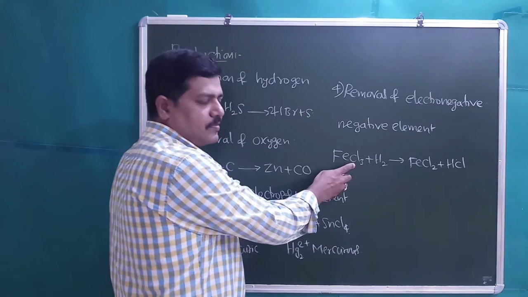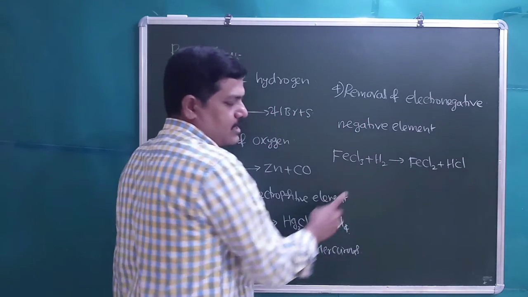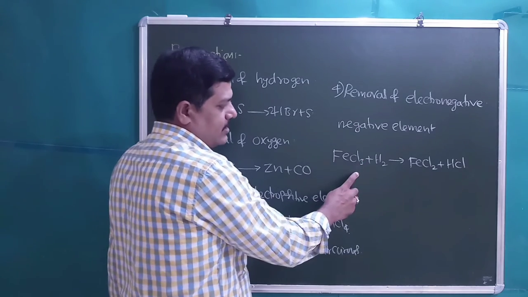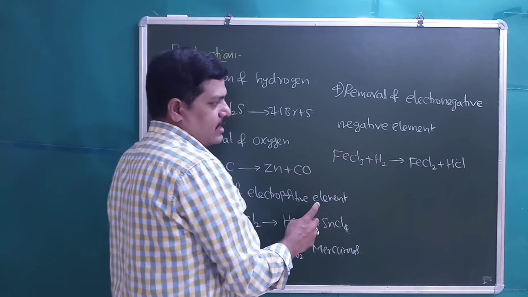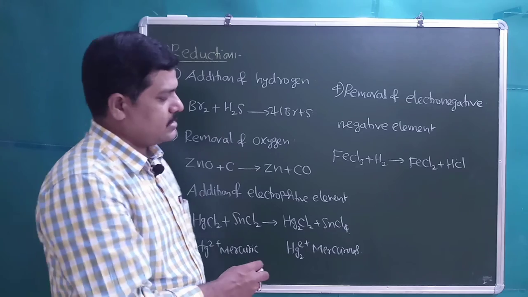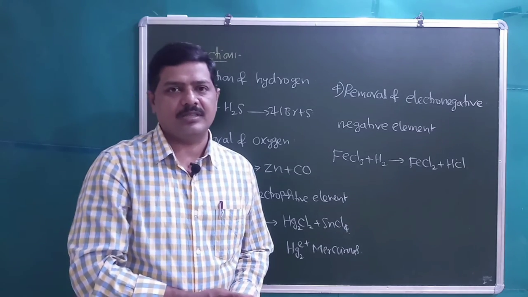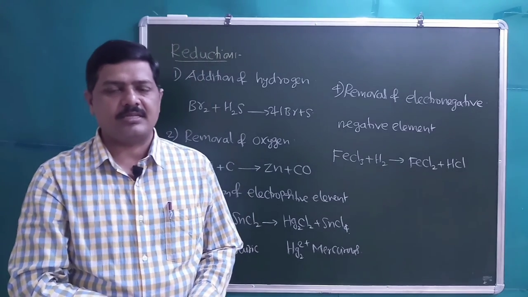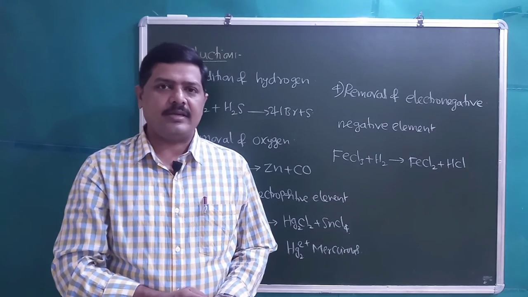Removing of chlorine from the FeCl3 gives FeCl2. Removal of electronegative element is called reduction. Students, next we will continue our discussion with the redox reactions in terms of electronic concept.